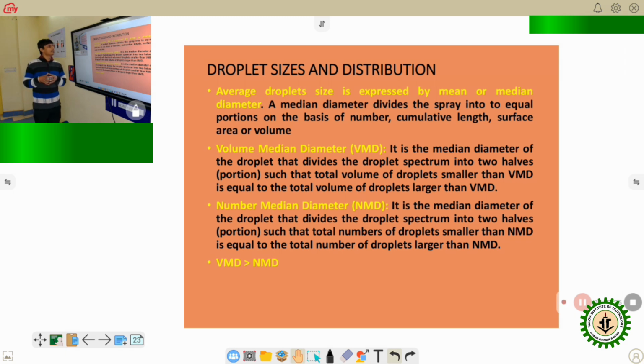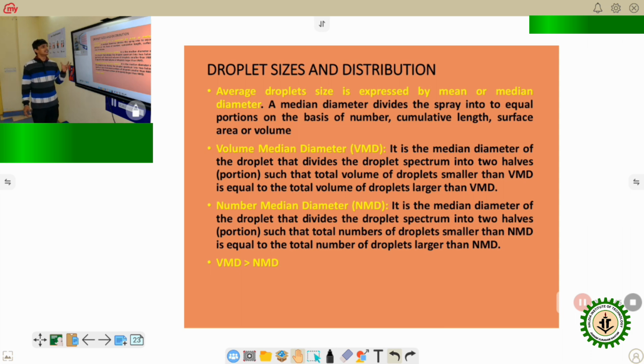And the droplet size and distribution, apart from this, we generally measure by VMD and NMD. VMD is the volume median diameter, NMD is the number median diameter.